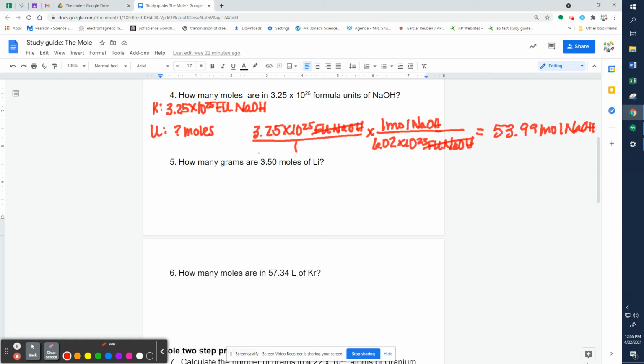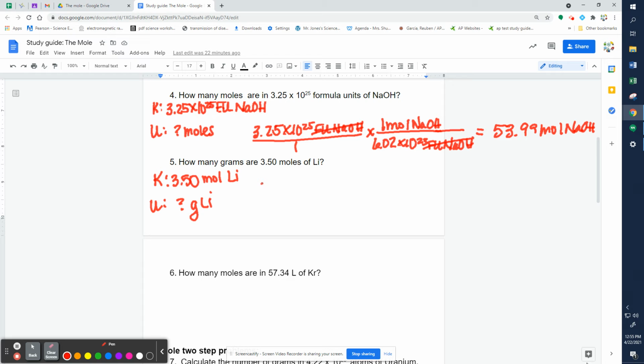For number 5, it says how many grams are in 3.50 moles of lithium. So for my known, I have 3.50 moles of lithium. My unknown, how many grams of lithium?